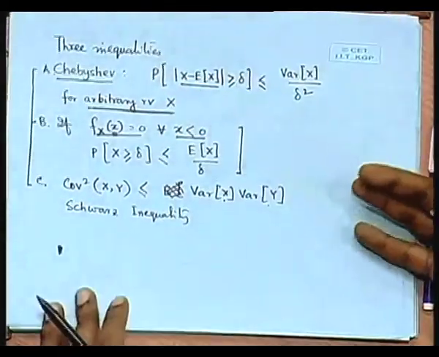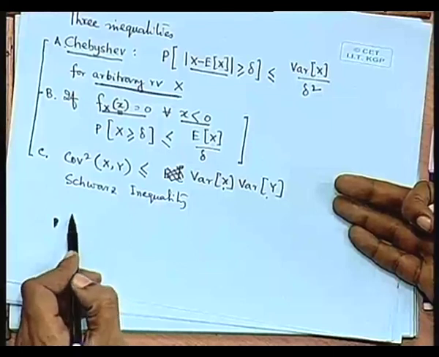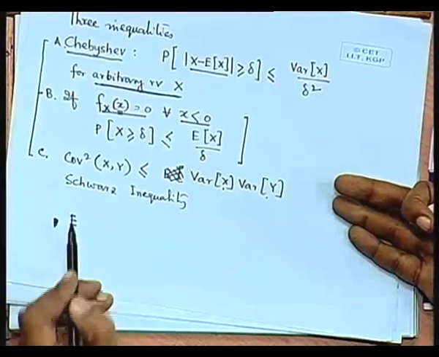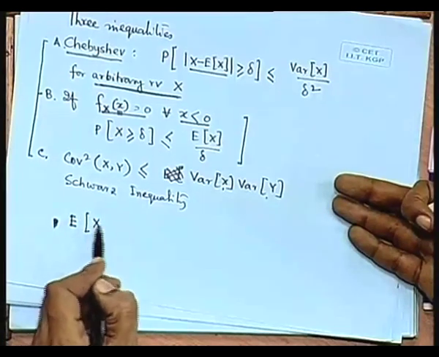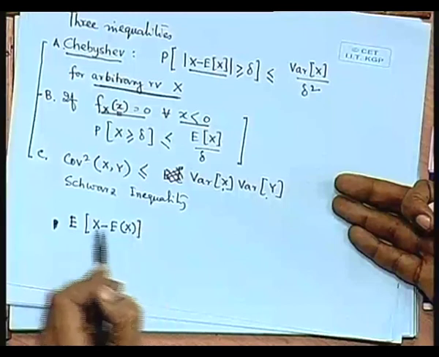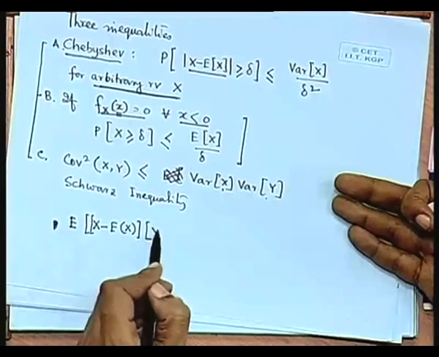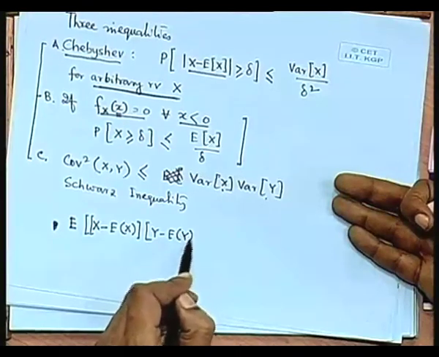So how does it happen? Let's start from the back. For example, expectation of x minus expectation of x, into y minus expectation of y. This is covariance.